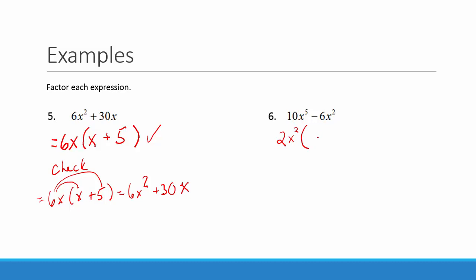So let's think about writing our terms that we have originally, and we'll do this one by dividing everything in parentheses by the greatest common factor.